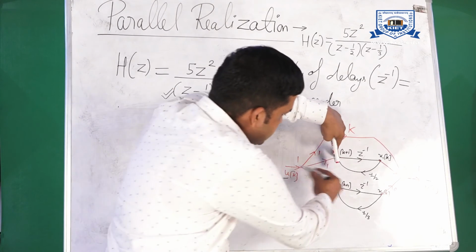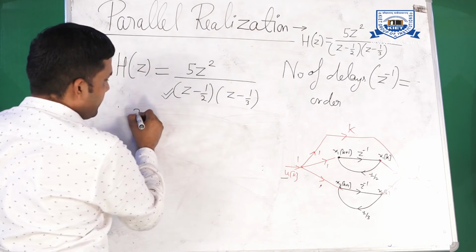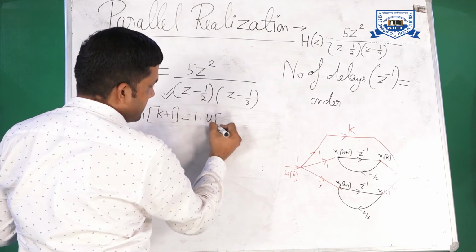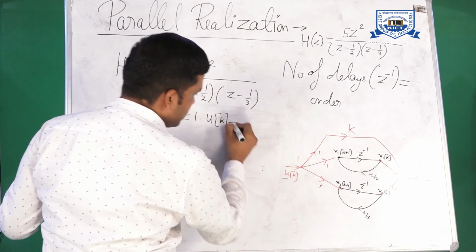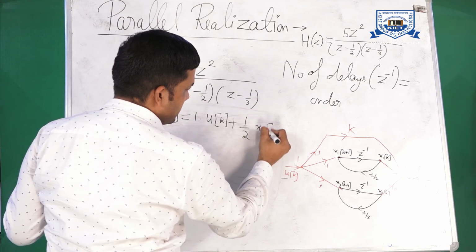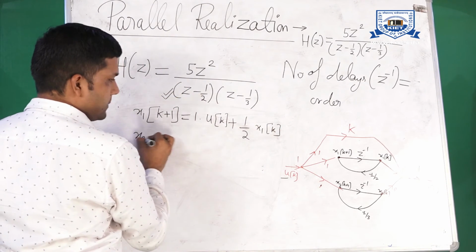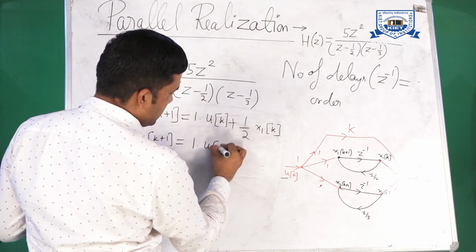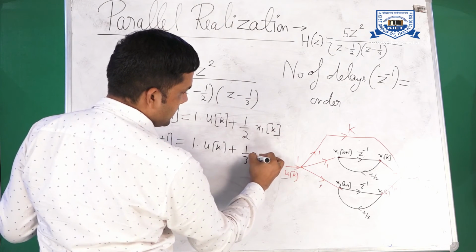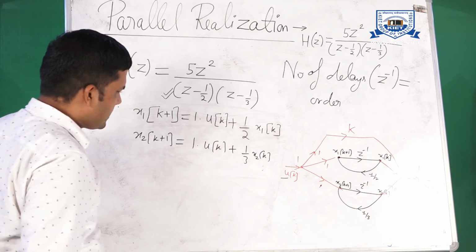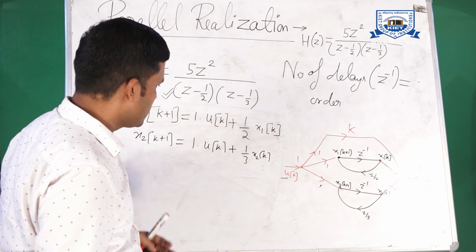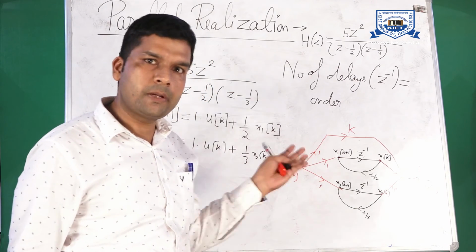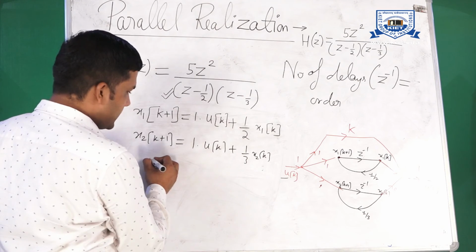Incoming nodes are this and this. x1(k+1) is equal to 1 times u(k) plus 1/2 x1(k). x2(k+1) is equal to 1 times u(k) plus 1/3 x2(k). If we see x1(k+1) and x2(k+1), we can conclude the results are similar to the previous result.